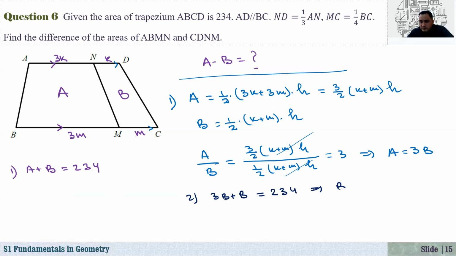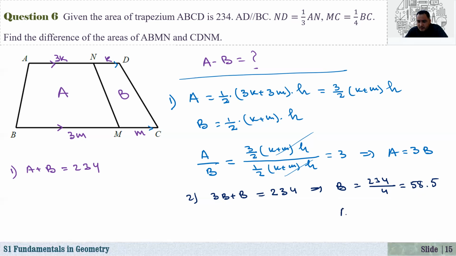So from here, what is B? B is equal to 234 over 4. It's not divisible by 4, anyway, that's equal to 58.5.